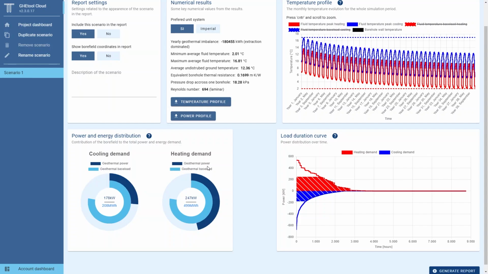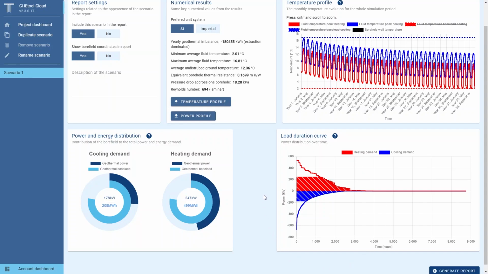For the geothermal heating, we have 264 kilowatts of power that we need to install, and the other 54% of our total 570 kilowatts will be delivered by our other system.